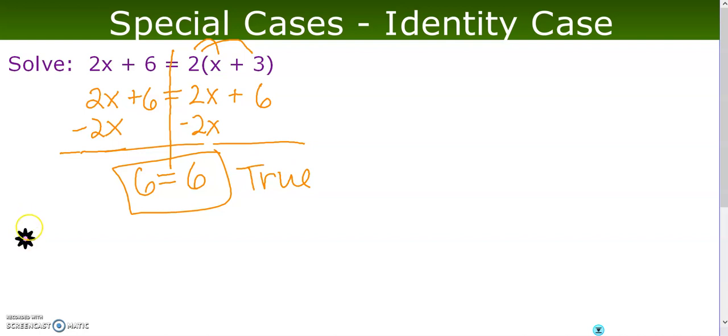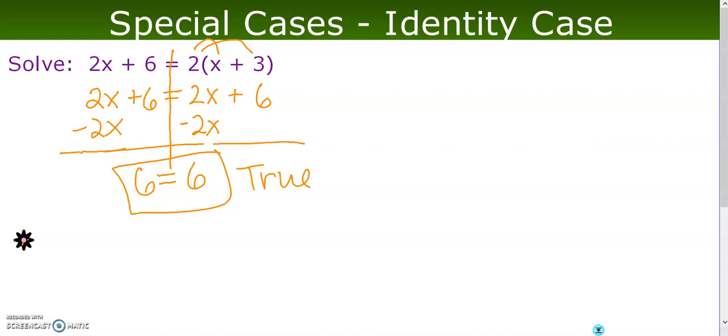What happened when we combined our like terms and moved our variables from the left side to the right side? Oh no. What happened was my variables disappeared. If your variables disappear in your process, that's okay, but you want to look at your final statement. I have 6 equals 6.